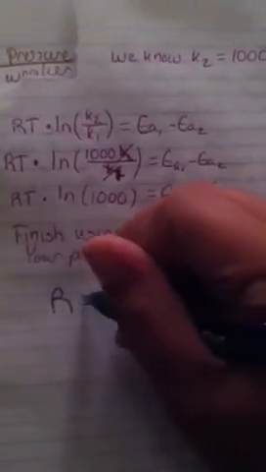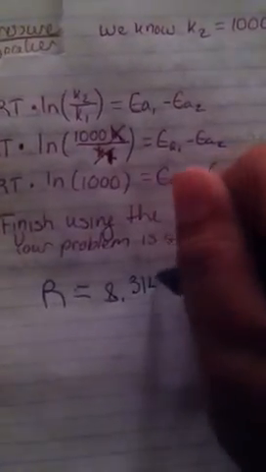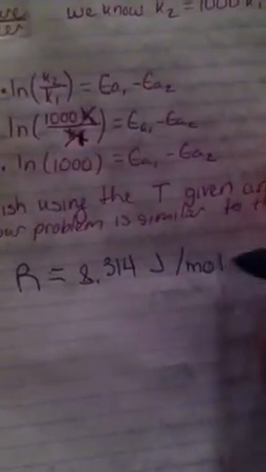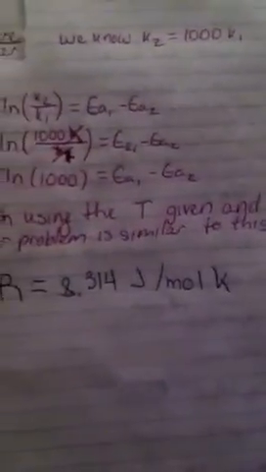Okay, so the R that we're using is 8.314 joules per mole Kelvin. We also know that the temperature from earlier, as mentioned in the problem, was given to us, and that was 298 K. In my problem, it might be different than yours.